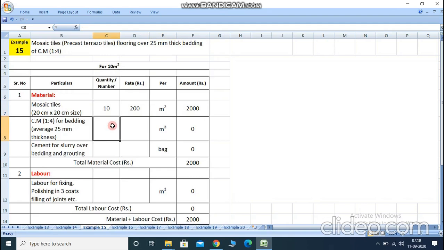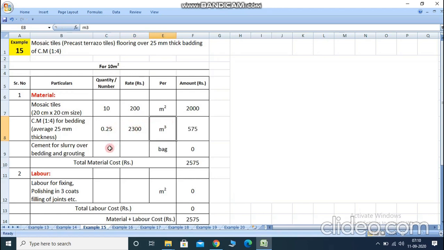We already calculated the cement mortar quantity in the last example, so we directly write 0.25 cubic meter as the quantity of cement mortar, and the rate per cubic meter as per the book value is 2300. So we get the answer 575 rupees.